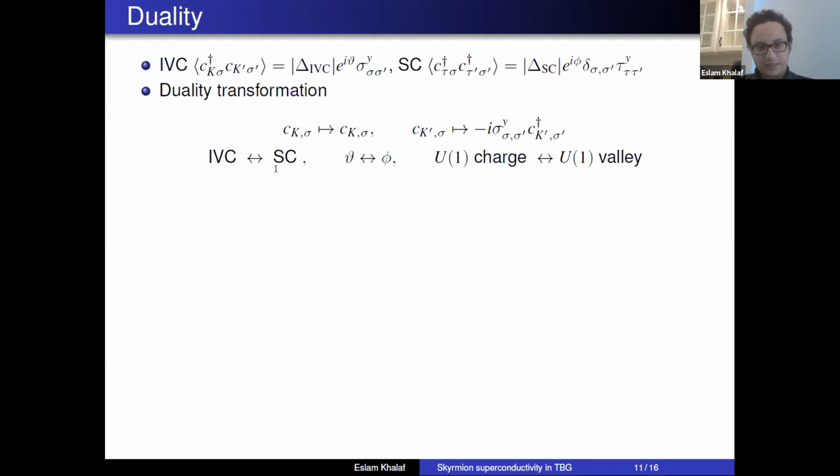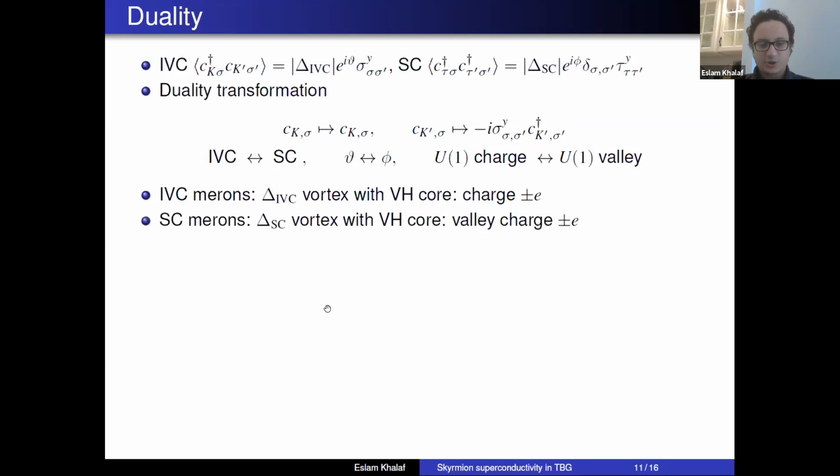And this would lead to a dual way to understand the same physics from the point of view of the superconductor. For example, we have said that the IVC merons, which are vortices in this IVC order parameter, which have a core that points up or down, this valley Hall core, have an electric charge that's plus or minus e.